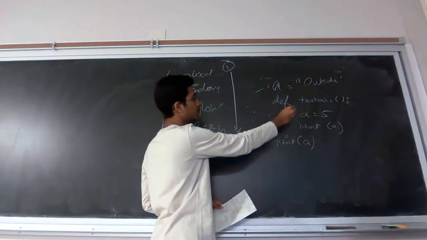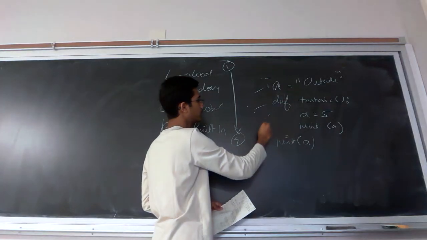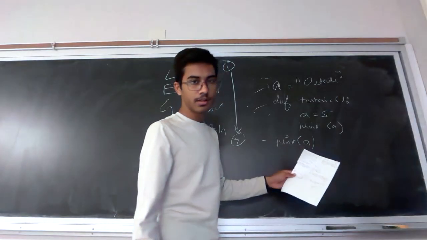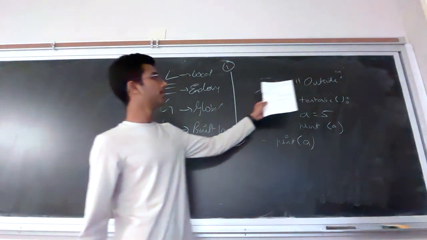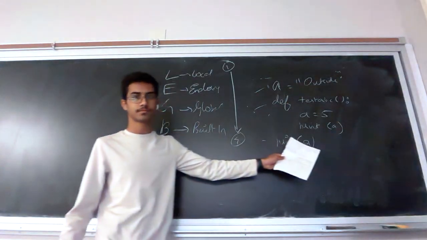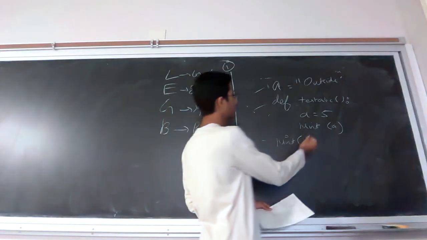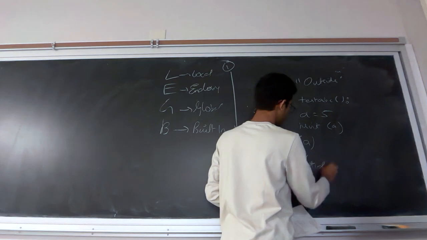It comes here, the function is valid. It comes here directly and says print A. Now for this A, the local environment is the whole program, so it knows that the value is only outside.